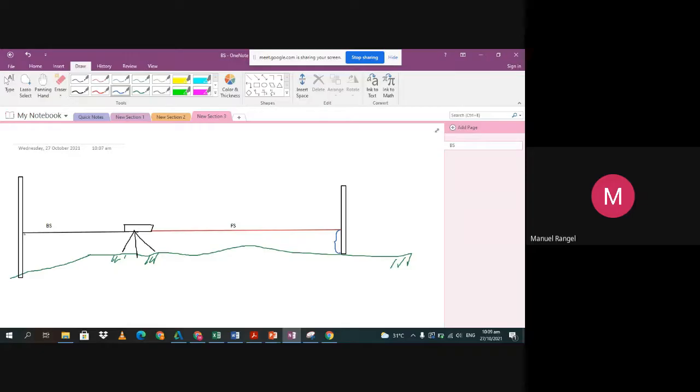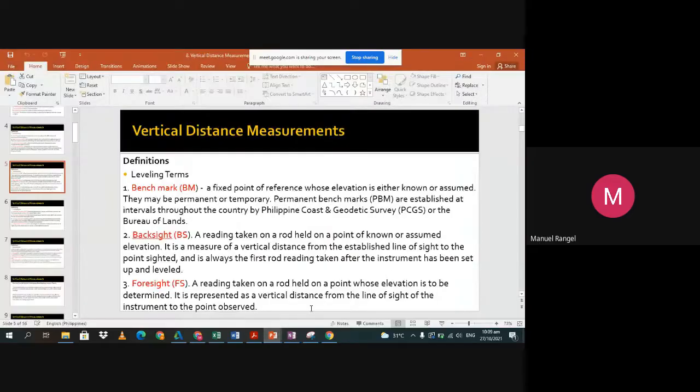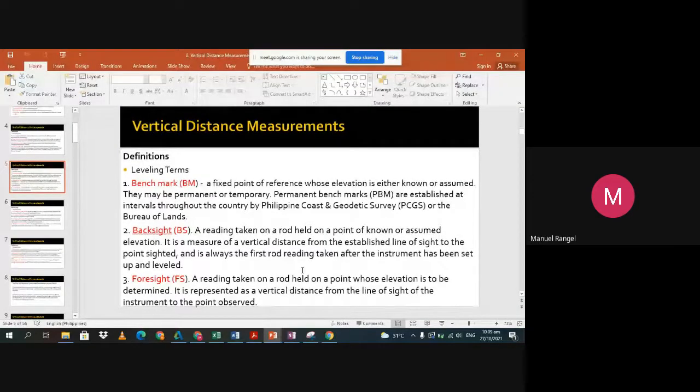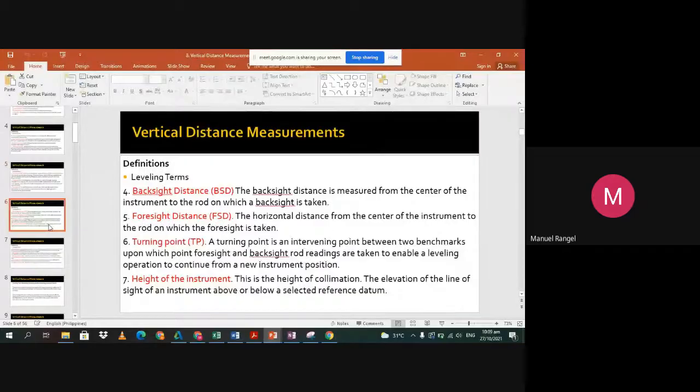Then this reading or this elevation is mao na siya ang backsight na makita. So always kanang mga reference point or reference station from the instrument, so that is the backsight. Then ano pa ba? So backsight distance is the distance measured from the center of the instrument to the rod on which the backsight is taken. Foresight distance.